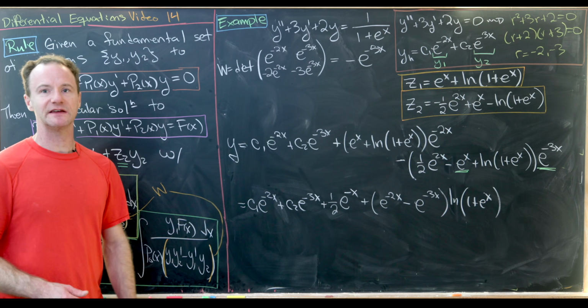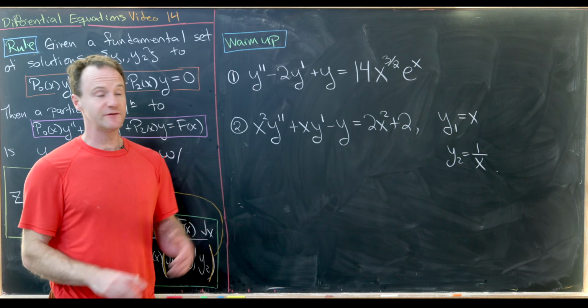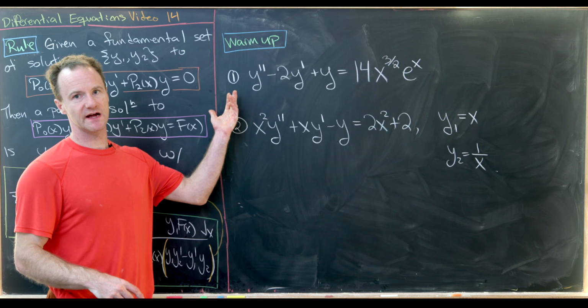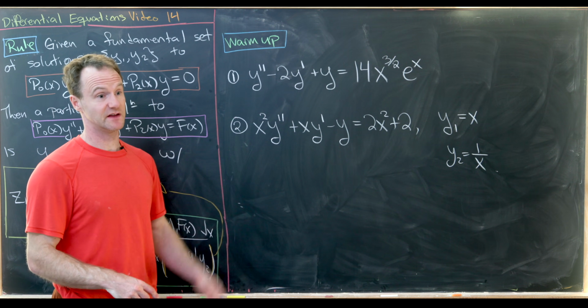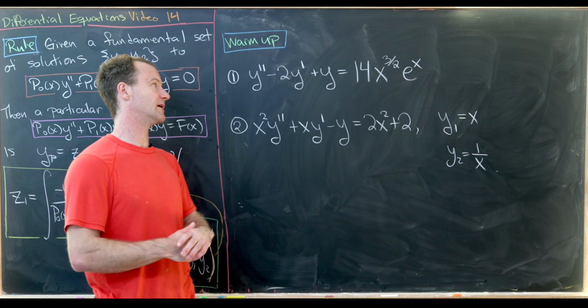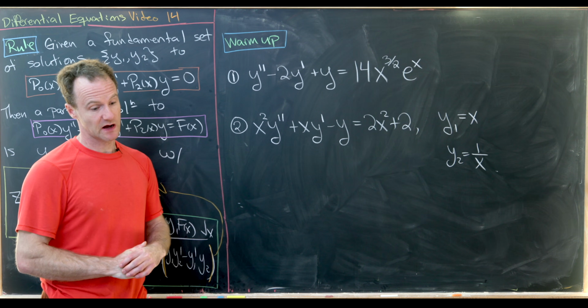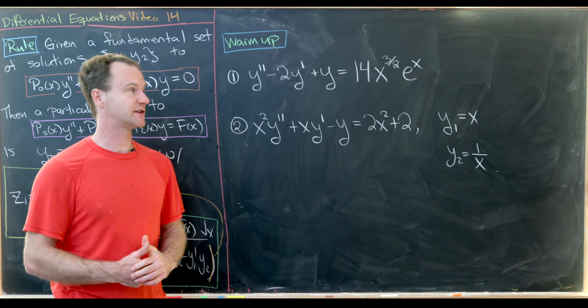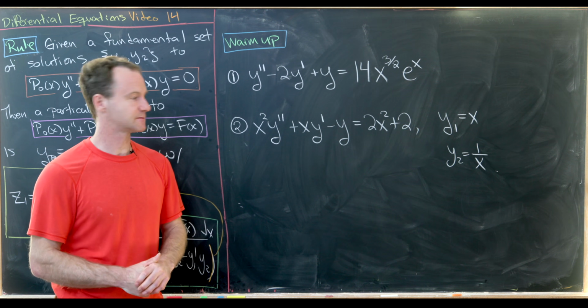Okay, so I'll end by giving you guys 2 warm-up problems. The first is one that's built so that you can find the associated homogeneous solution, and that is y double prime minus 2 times y prime plus y equals 14 times x to the 3/2 times e to the x.